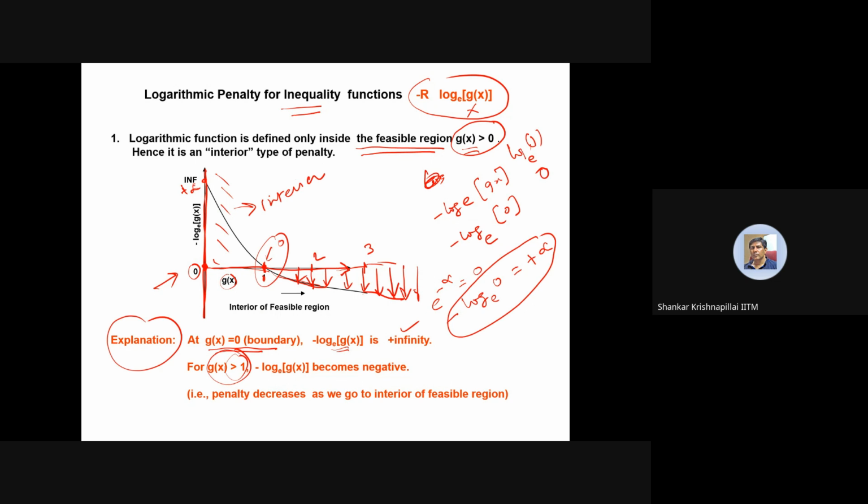So it is negative, meaning it is encouraging the point to go inside. So penalty decreases as we go to the interior of the feasible region. So the logarithmic penalty is an interior type of penalty function. It will force a point to move from the boundary into the interior of the feasible region.